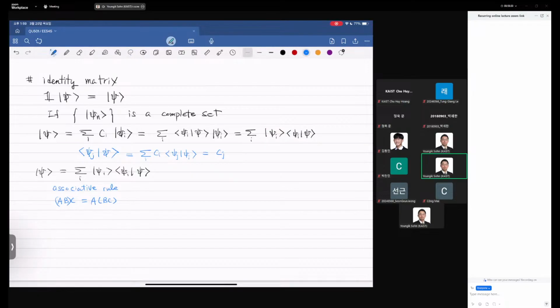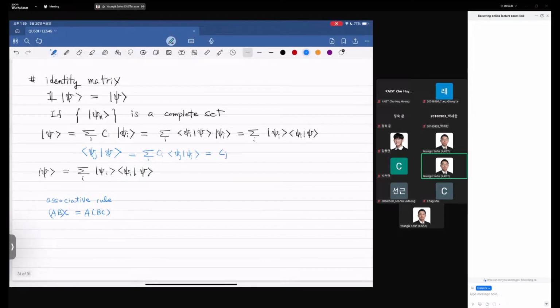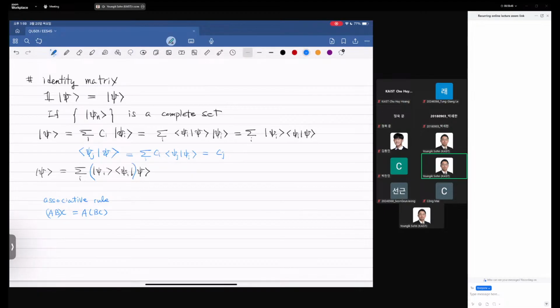So what I'm going to do is, one second. Let me move it. There's no space here. I'll do this. This one I'll think of as one body. And this one is a ket, so its dimension is n by 1.